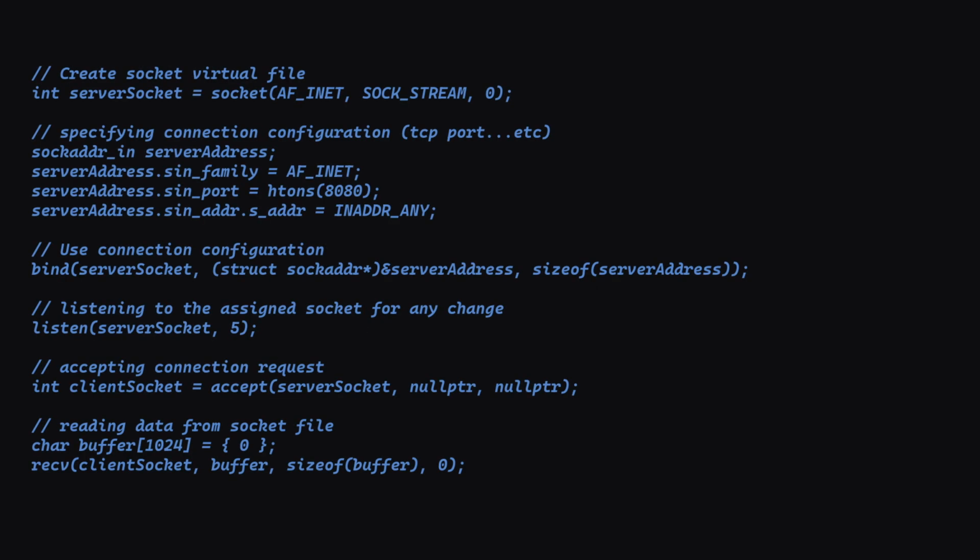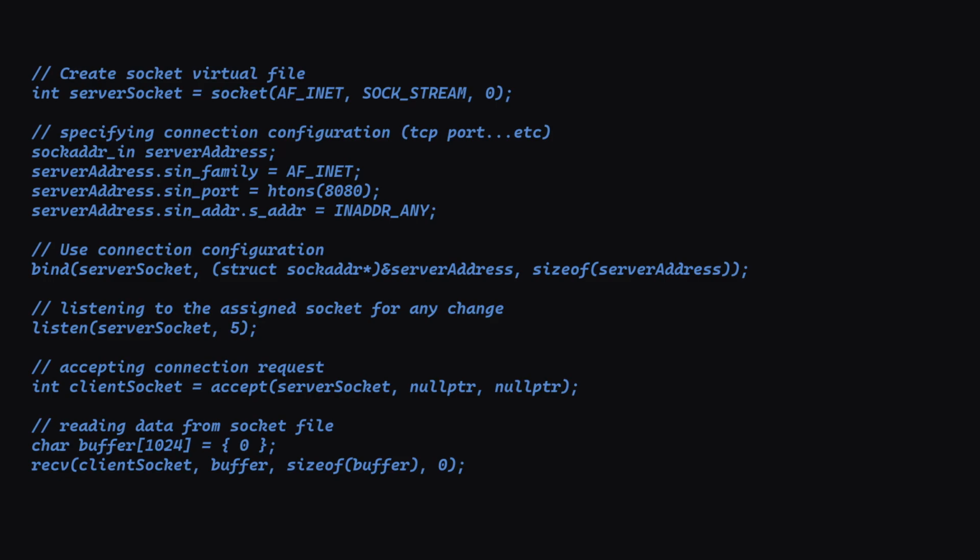For example, here in C or C++, you would use something like this. You would say socket, which will create a socket, a virtual file representing the network device. And when you use socket in C, you tell the kernel, come on, create a virtual file. And then it will return that file ID to the application. So the application thinks that it's still a file. It is a file. So again, this virtual file represents the device, similar to the device files we saw in the previous video.